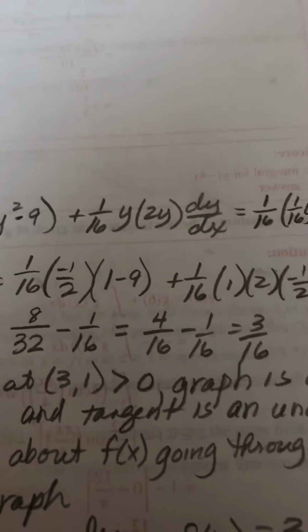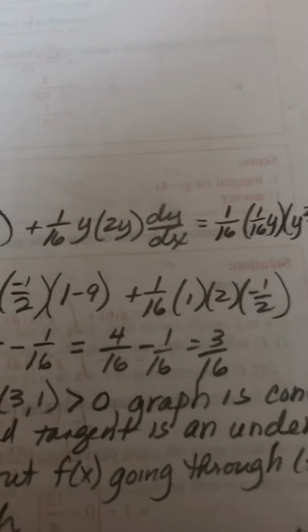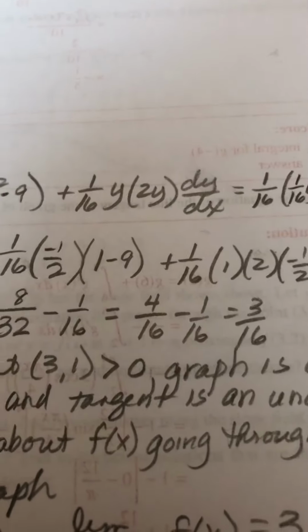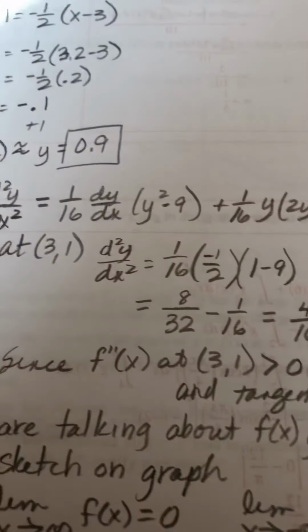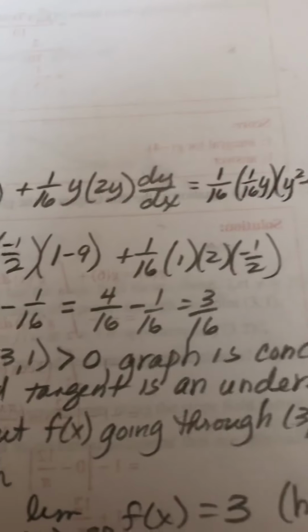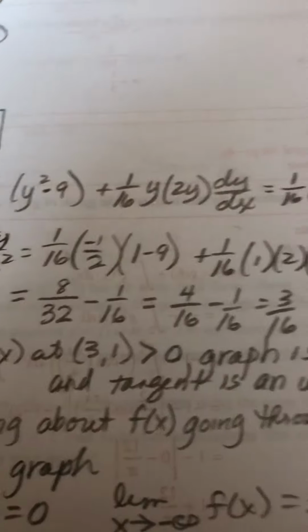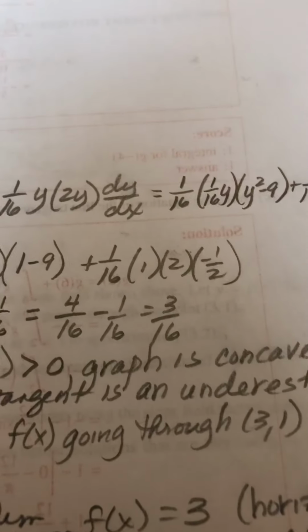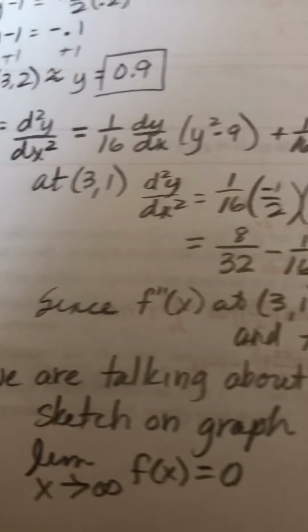So we sub in negative 1/2 for dy/dx and 1 for y, and we get that our second derivative is 3/16. Since that second derivative at the point (3, 1) is greater than 0, the graph is concave up and the tangent line is an underestimate. If the graph is concave down, the tangent line is an overestimate.